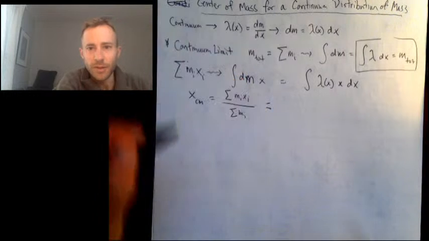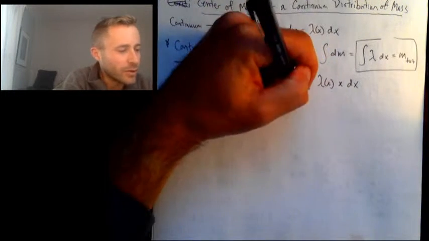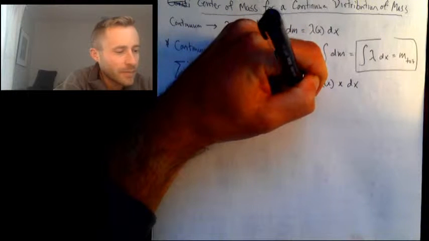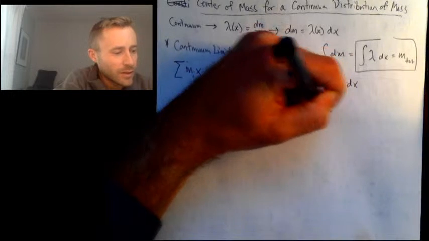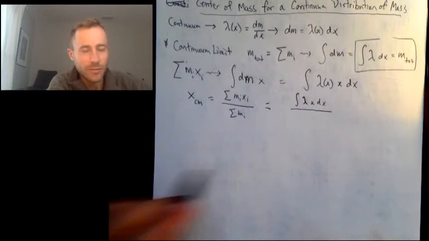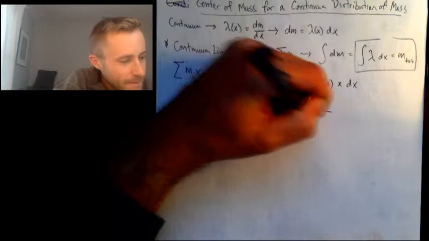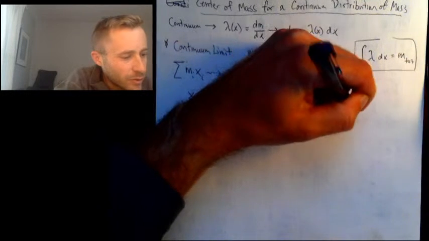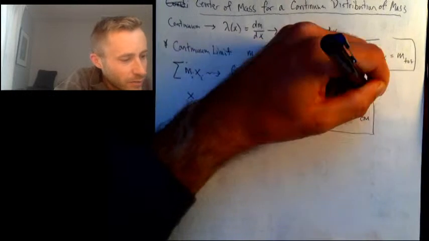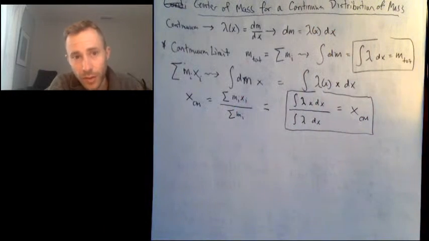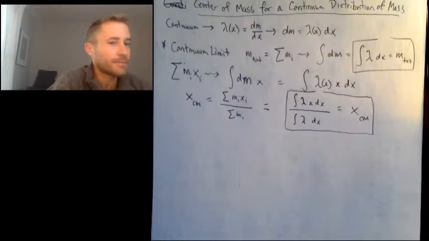In the continuum limit, this numerator becomes the integral of lambda times x dx, and the denominator becomes the integral of lambda dx. This is the continuum definition of the center of mass. It's a ratio of two integrals involving lambda.